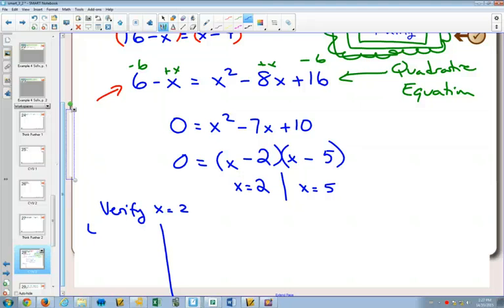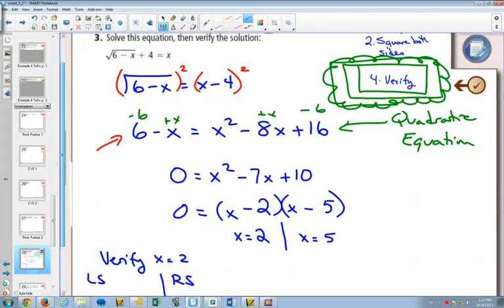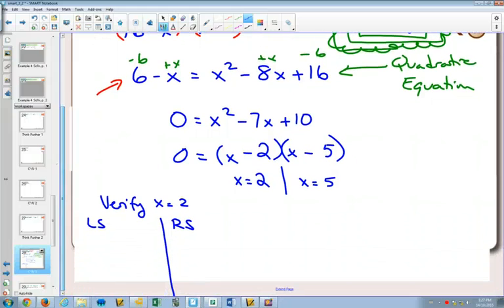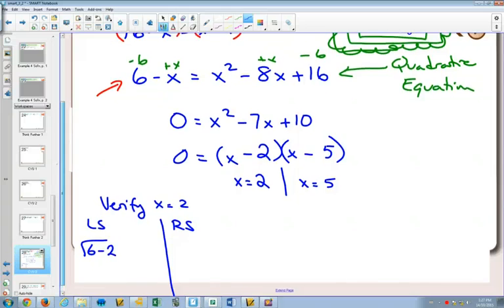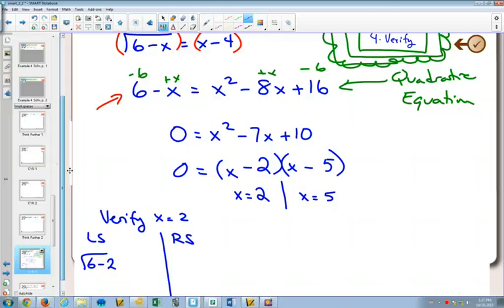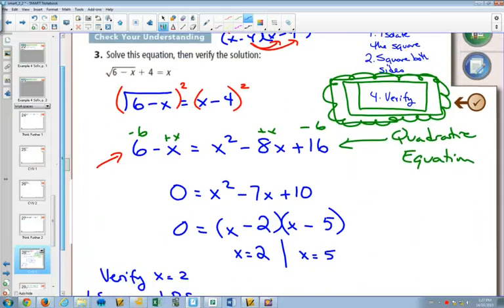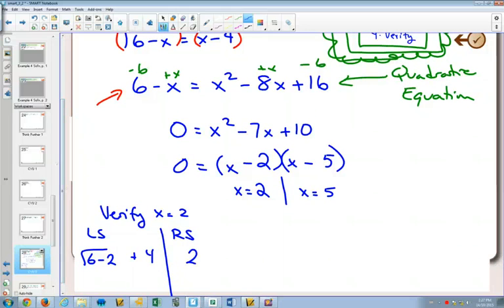So you split it up, you do your left side, you do your right side. You go back to your original equation, which on the left side had root 6 minus x, so it would be root 6 minus 2 plus 4. And our right side in the original equation was just x, which would be 2. 6 minus 2 is 4.